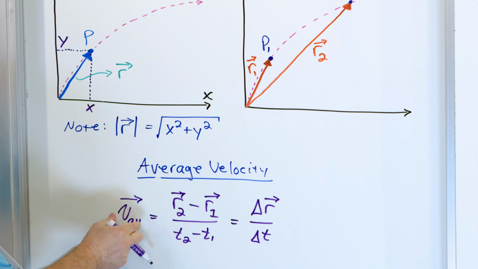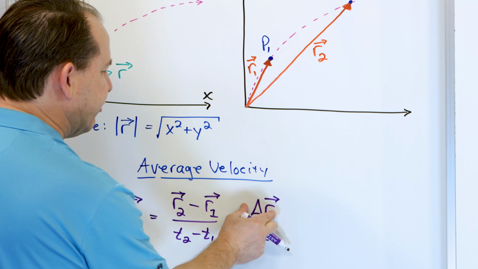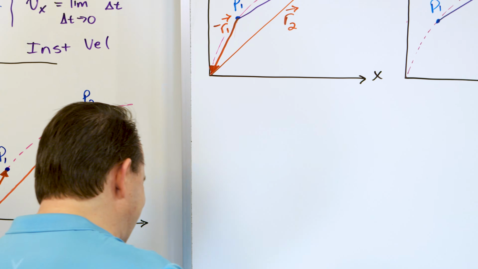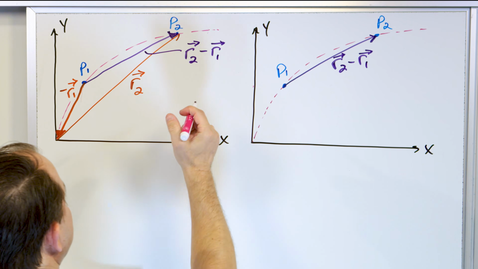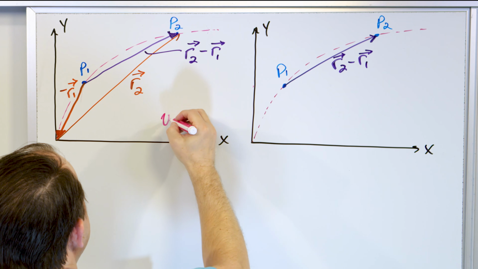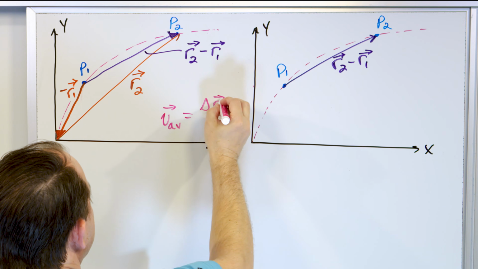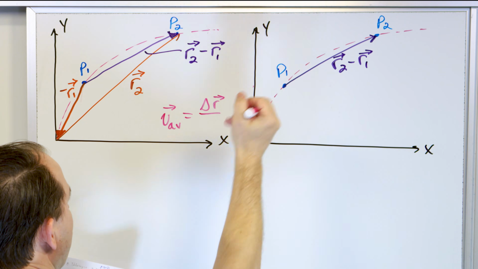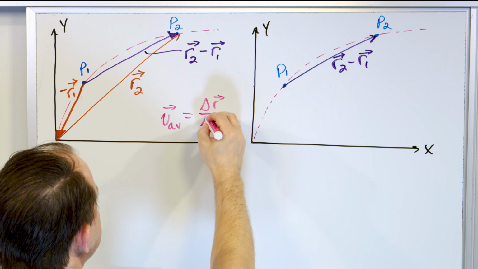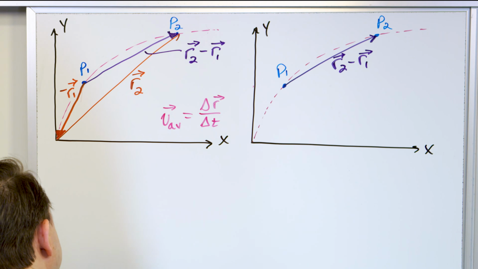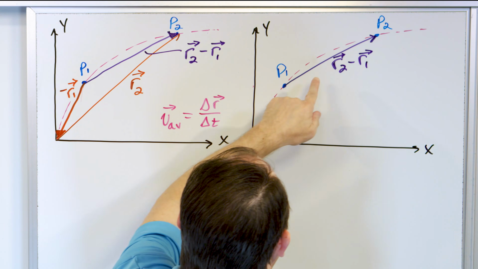The vector that defines the average velocity is the change in position divided by however much time elapses. So I'm going to write that down over here just to remind you that the average velocity as a vector is just equal to how far the ball moves, or the change in position, divided by the change in time. What we found here is just the top part, the change in position.